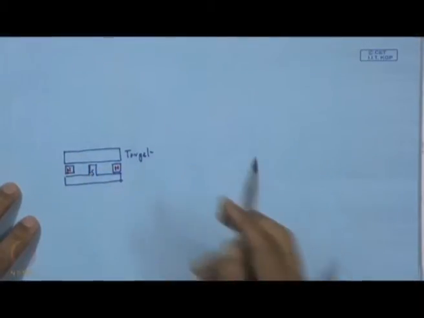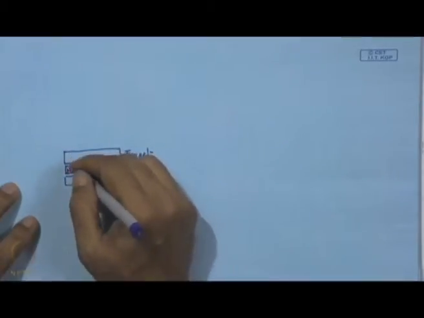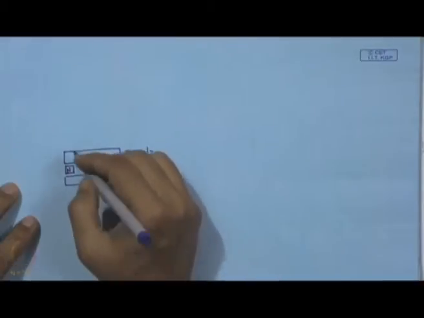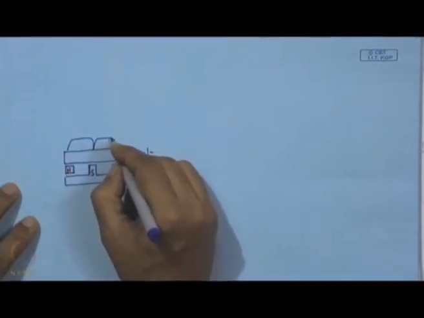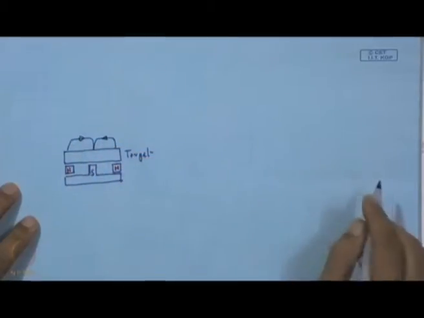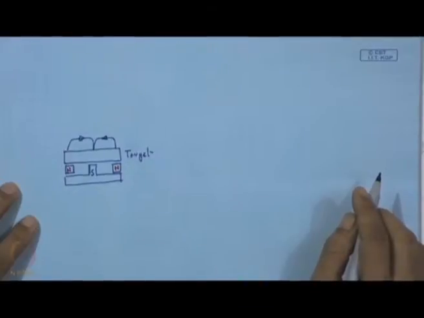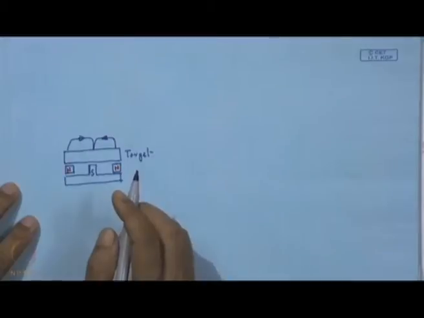Here the lines of force are closed between this north and south. The field is parallel to the target surface, and this way the lines of force close themselves between north and south.